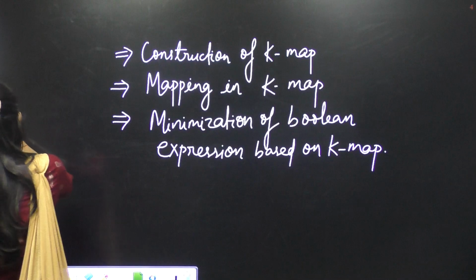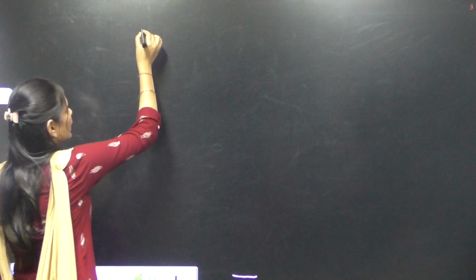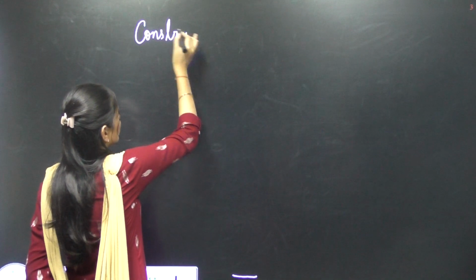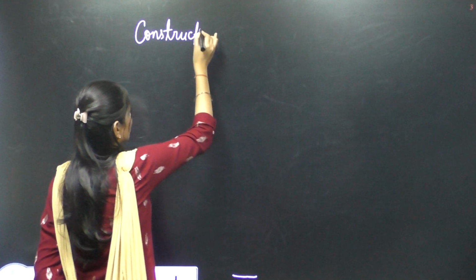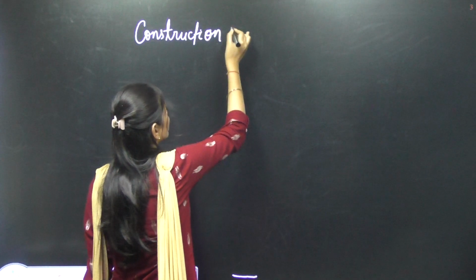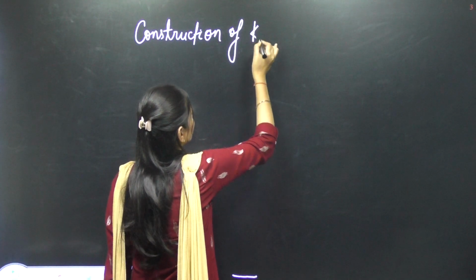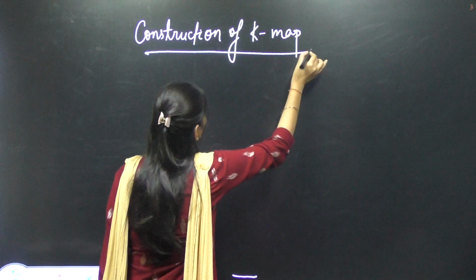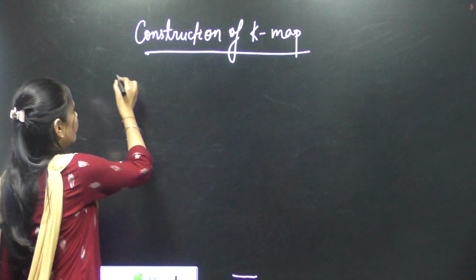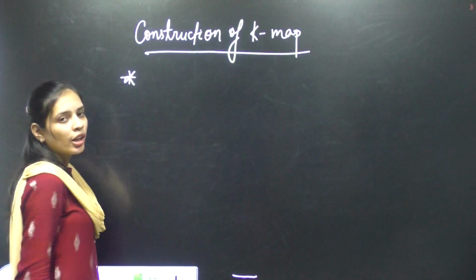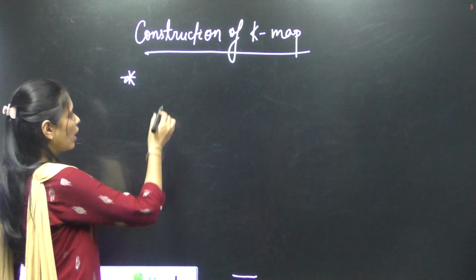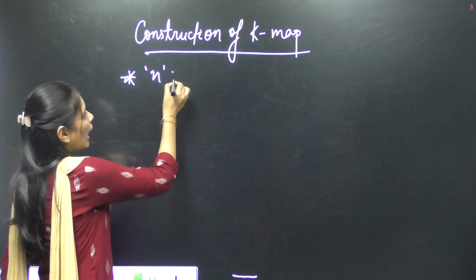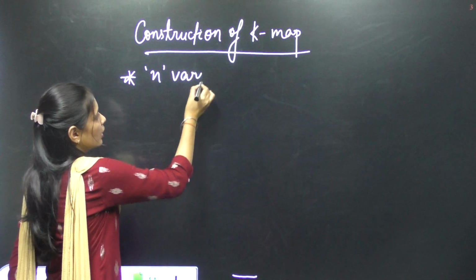So let me continue with the construction of K-map. The important thing you have to learn about is the number of variables.